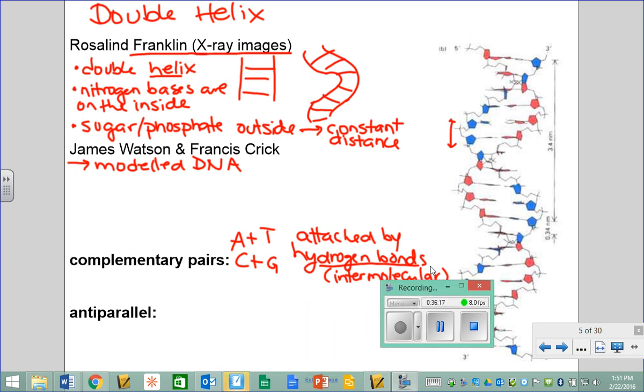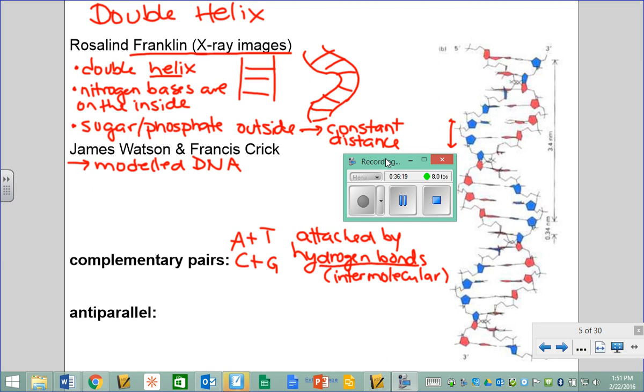The other thing we know about DNA because of their studies is that it's what we call anti-parallel. That means that the two strands go in opposite order. So like I showed you on the previous page, if one goes sugar, phosphate, the other goes phosphate, sugar, phosphate, sugar.